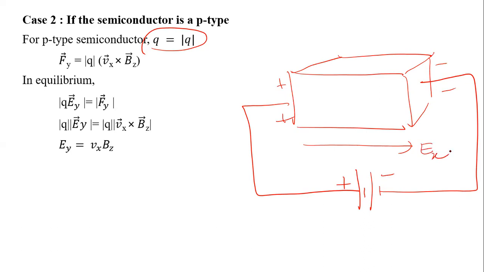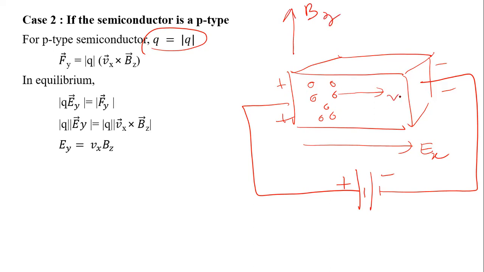If you have a p-type semiconductor, you have holes, and holes behave like positive charge carriers. So these holes, instead of moving in this direction, will move along this direction. You apply a magnetic field along z, Bz.